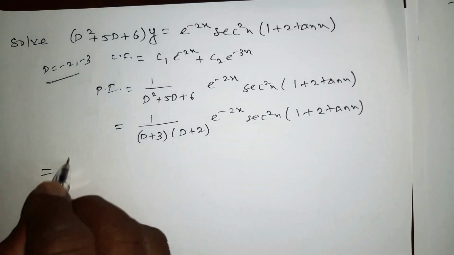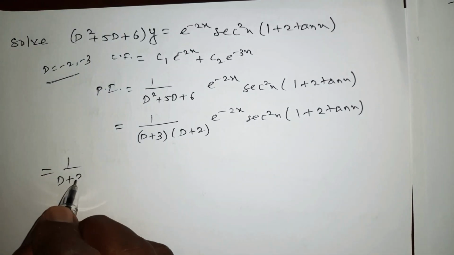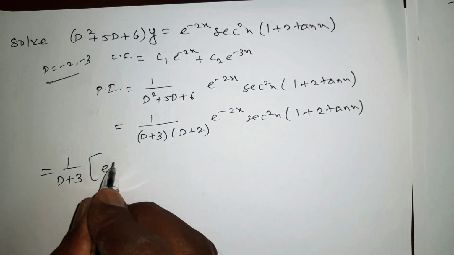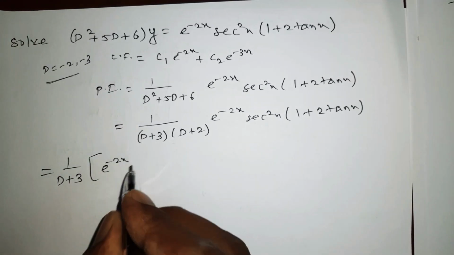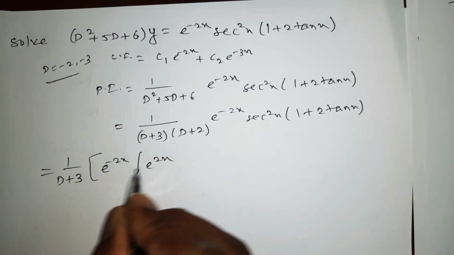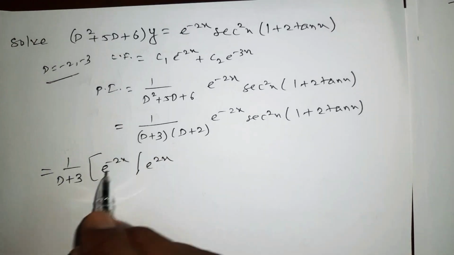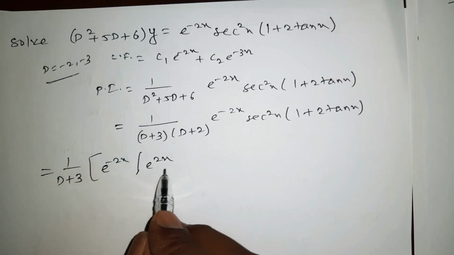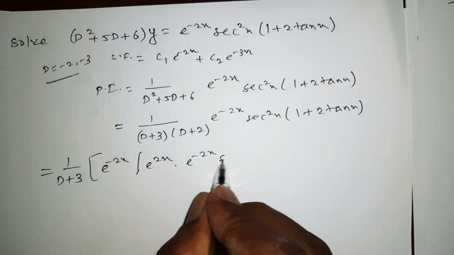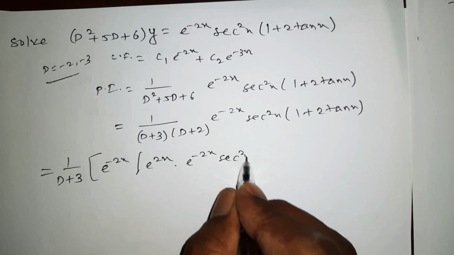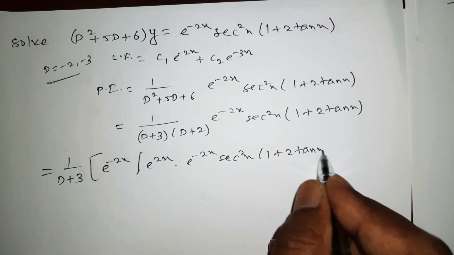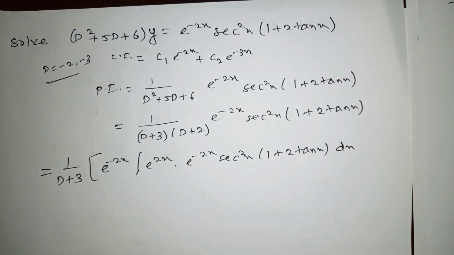Apply D plus 2, so 1 upon D plus 3. If I apply D plus 2, I get e raised to minus 2x integration of e raised to 2x. Have you remembered the formulas? Opposite sign: e raised to minus 2x integration of e raised to 2x into e raised to minus 2x secant square x in bracket 1 plus 2 tan x dx.